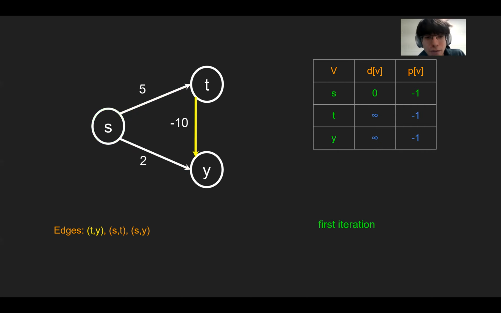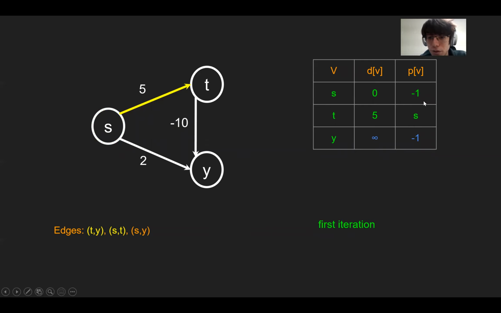So we try to relax TY, but from T to Y, that's infinity to infinity. It's not going to do anything. Then we relax S to T, and this is going to choose S to T as shorter than infinity.